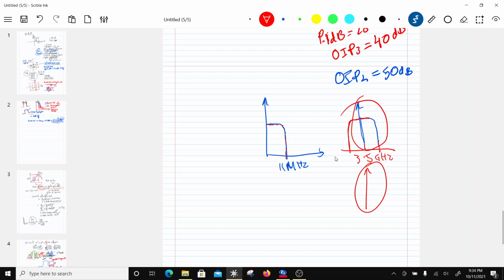And if you have an IF frequency, then this would be offset, so it will move out, and the negative side of the spectrum will not fold over the positive side if it is an IF frequency, right? Unless you come back to the baseband, and eventually in the heterodyne you will come back to the baseband, in that case again the negative side will fold over the positive side. I hope you understand what we are doing here.